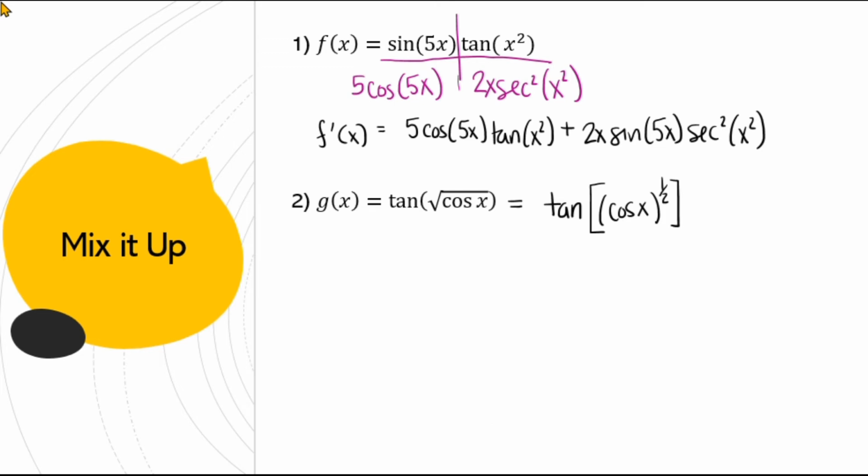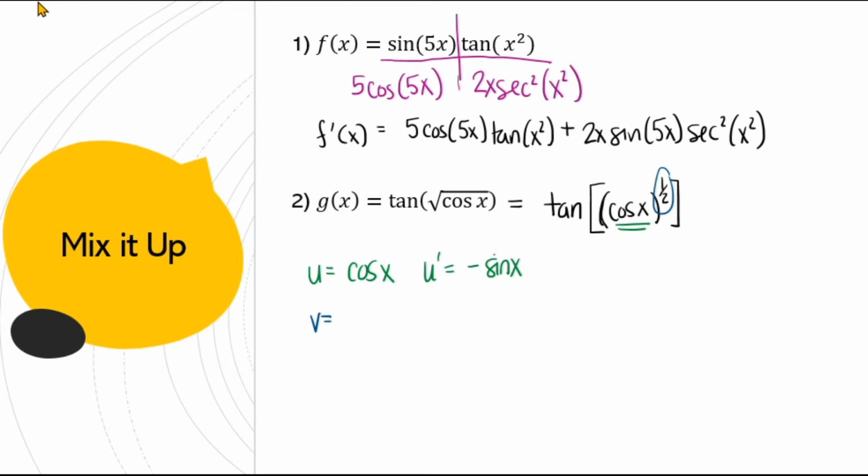Okay. So my innermost function, u, is cosine of x, which means the derivative of that is negative sine x. So now I have to keep track of a negative. Awesome. My next layer is the power.